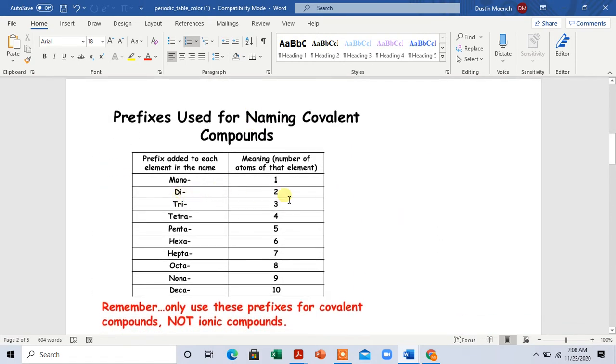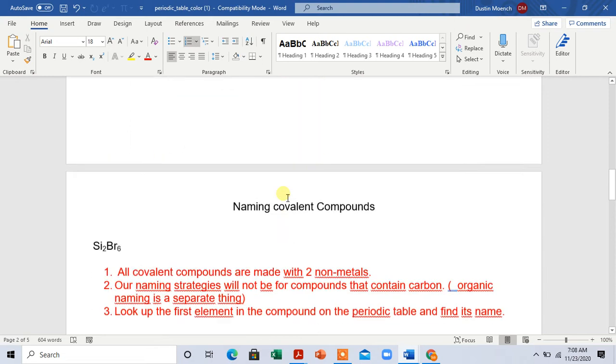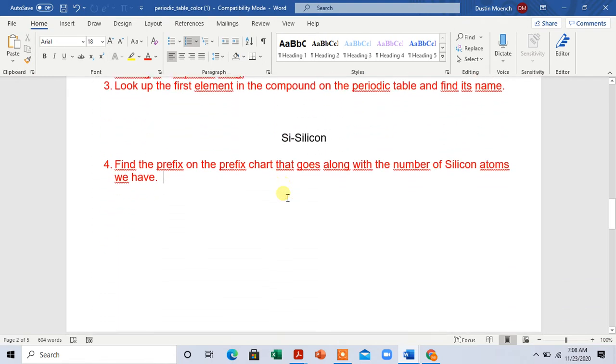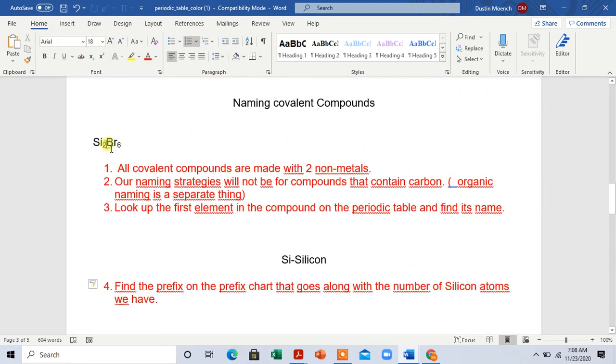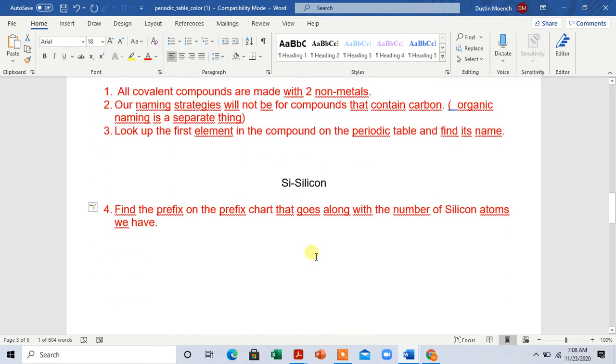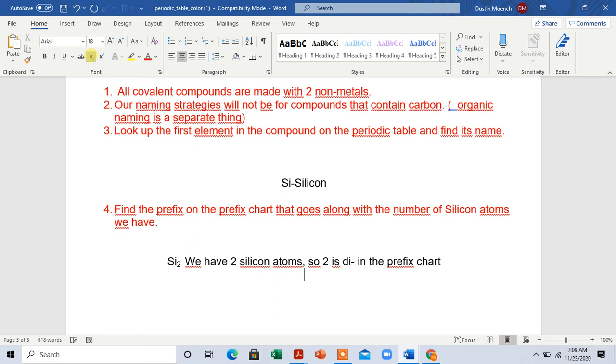And 2 is di. So if I copy this over again, put it down here, it says we have 2 silicon atoms, so 2 is di in the prefix chart.